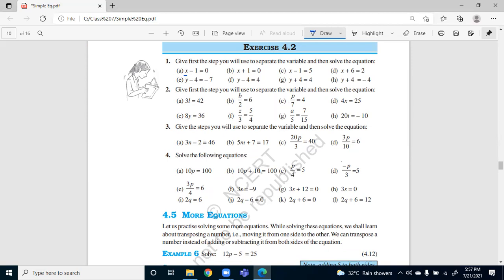First step is to add 1 to both sides. Here it is minus 1, so to separate the variable, I will add 1 to the left hand side as well as the right hand side. So please write the answer in your copy.